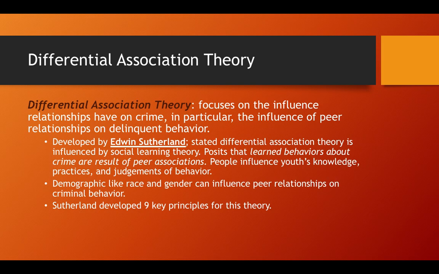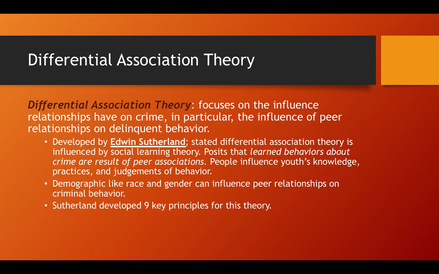Differential association theory asserts that learned behaviors about crime and delinquency are a result of peer association. So when I commit a crime, it may be because I learned this behavior from my big brother, from a friend I admire, from someone else in my family. And the more a person is exposed to delinquent attitudes and behaviors, the more those attitudes will influence that person. And that's why criminal behavior is learned.